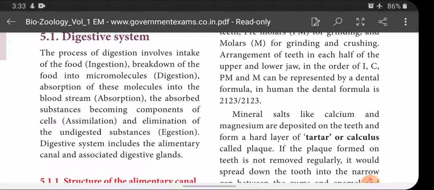So there are 5 processes involved in the digestive system: ingestion, digestion, absorption, assimilation and egestion.